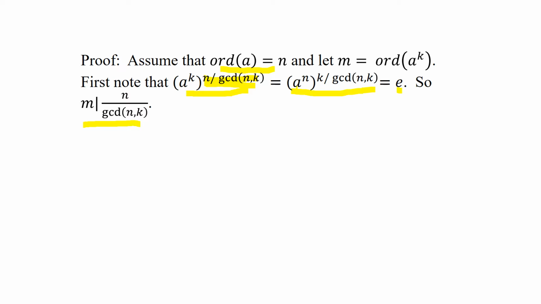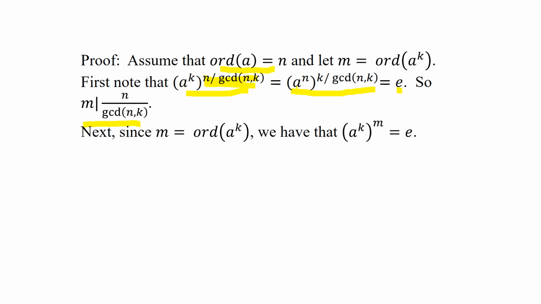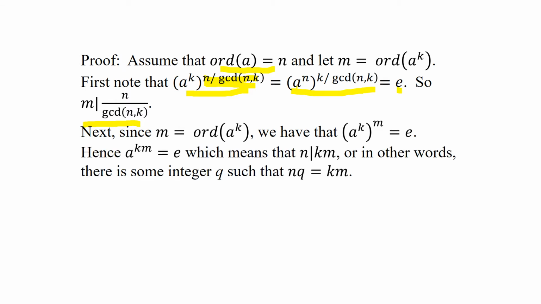In order to do that, let's look at what we know about the order of a to the k. I know that if I take a to the k to the power m, I get e. So that tells me that a to the power km is the identity. Now, n is the order of a, and using our previous result again, the order of a divides any exponent of a that gives me the identity. So n divides k times m.